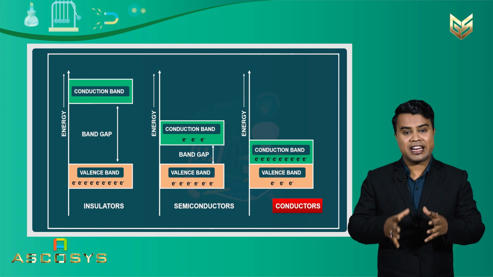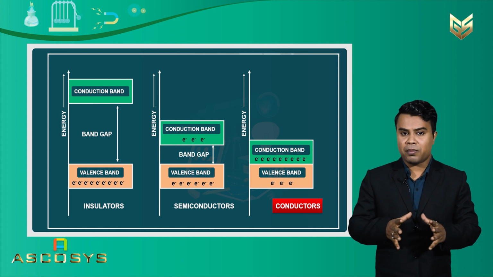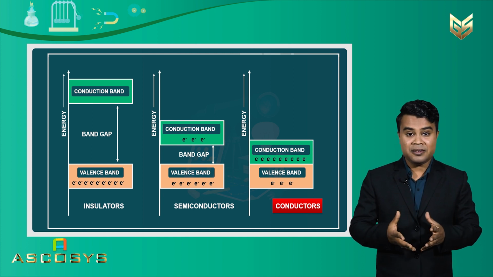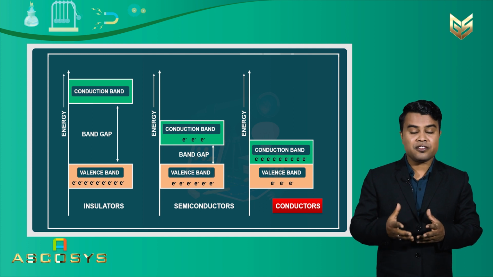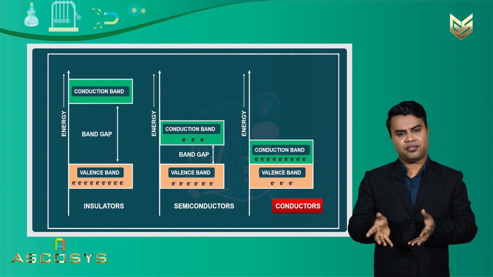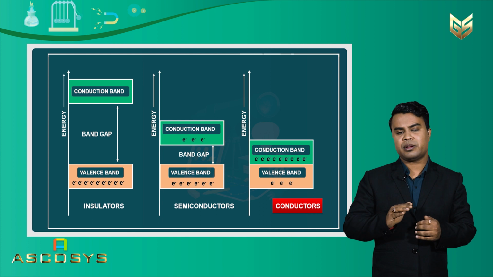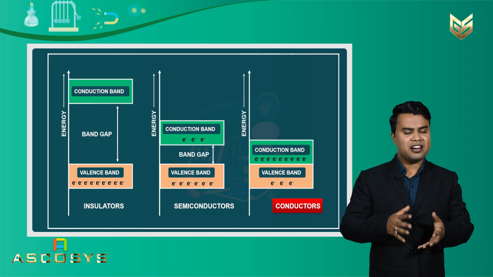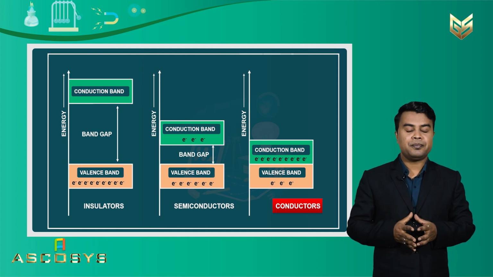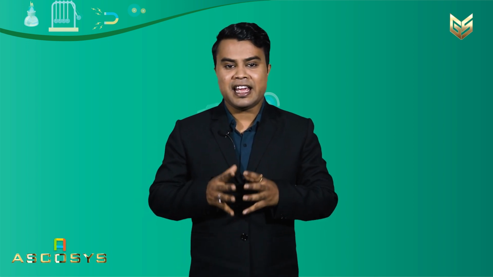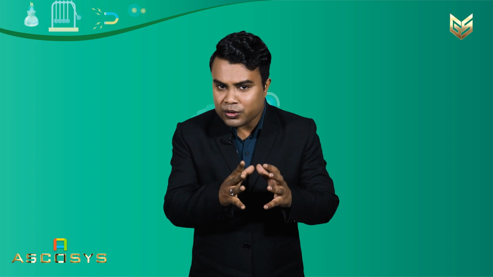At your home, the wirings are made up of what? Copper wire. Copper wire is a metal, right? So in case of metal, it is not that tough. It is quite easy for the electron from the valence band to go to the conduction band, and current is possible. But mind it, in case of semiconductor, we do have to supply external energy. That is what we are going to study in detail in this chapter.